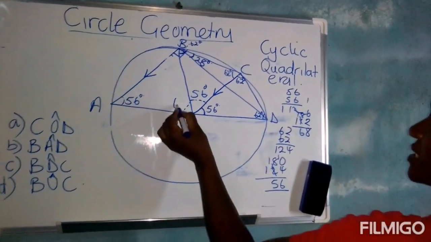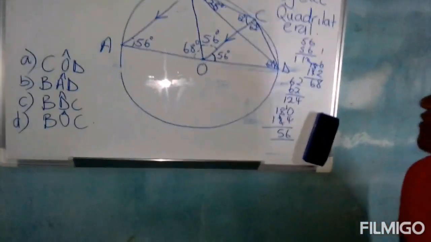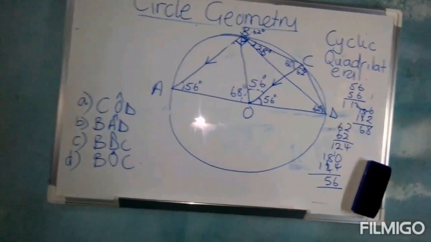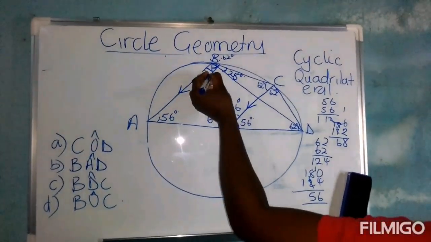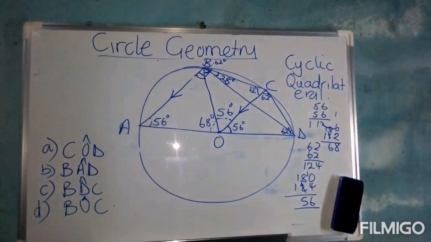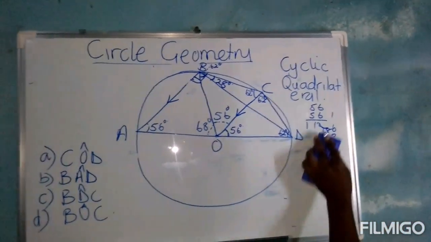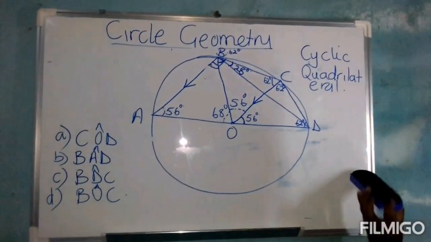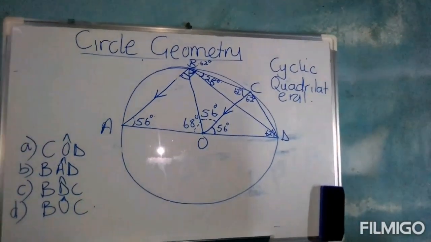So this is 68 degrees. Then after getting this 68 and this 56, we can now find this part. So there are many methods to find those angles. So you can use any other theorem to get to our final answers there.